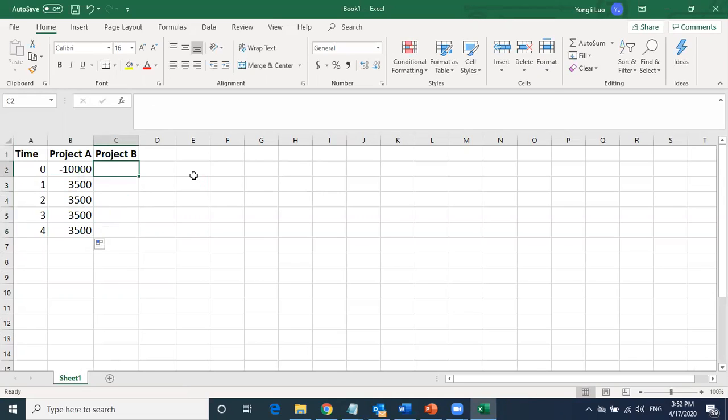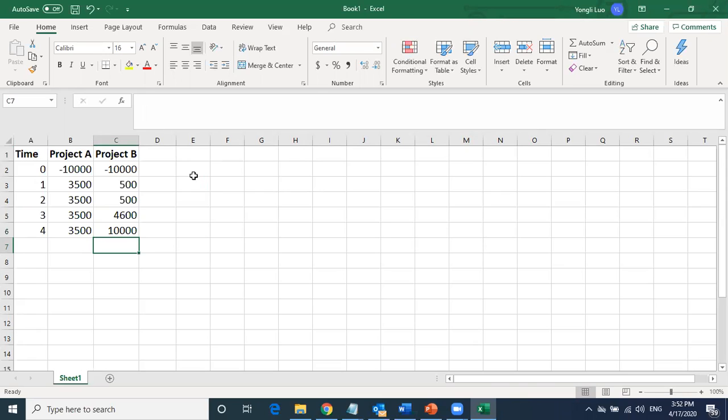And for project B, your initial investment is 10,000 US dollars. You receive 500, 500, 4,600, and 10,000. That gives you the cash flow of those 2 projects.